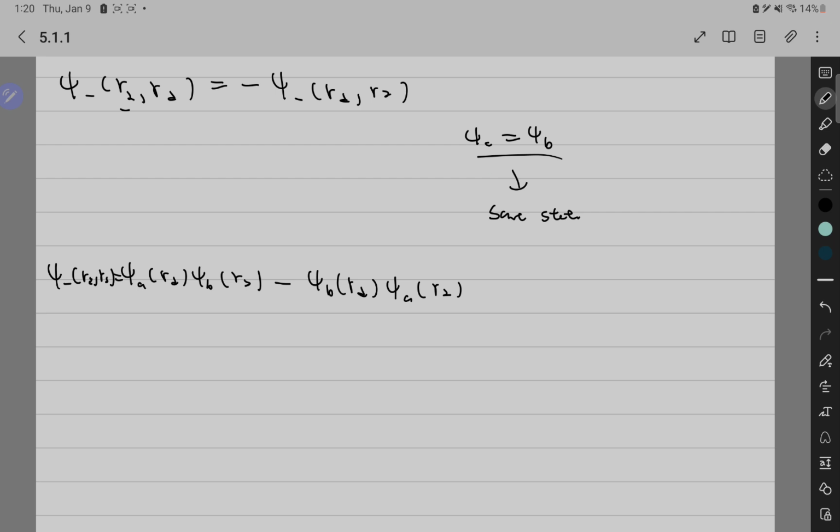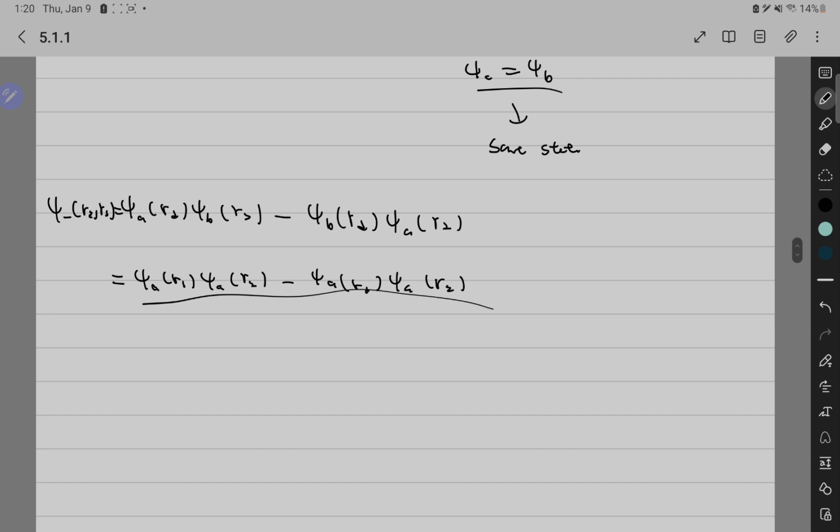If psi A is equal to psi B, then this becomes phi A r1 phi A r2 minus phi A r1 phi A r2, because you can interchangeably swap any psi A to psi B, or any psi B to psi A, or to itself too.